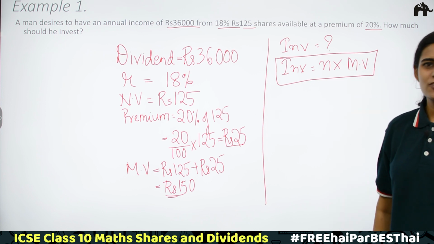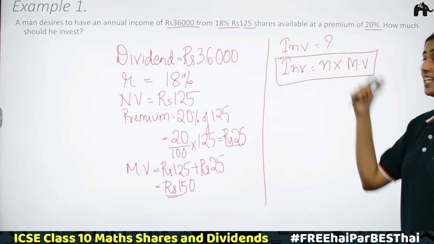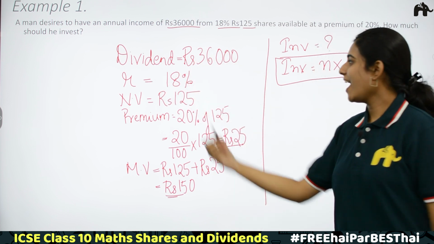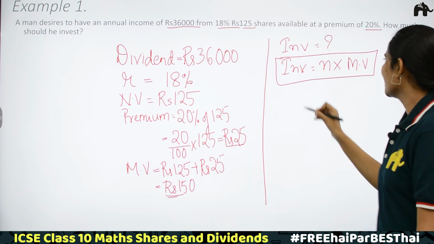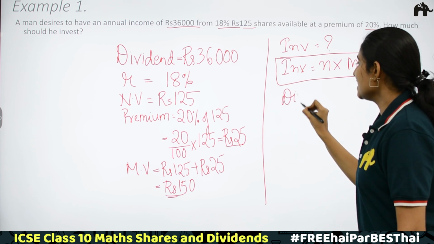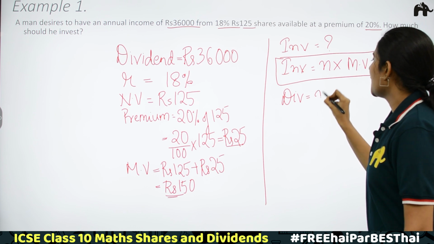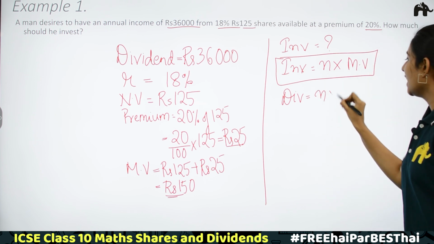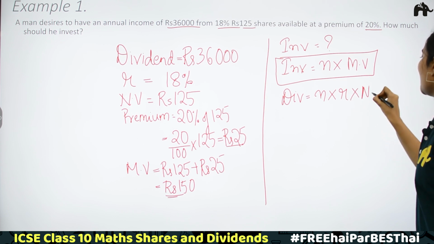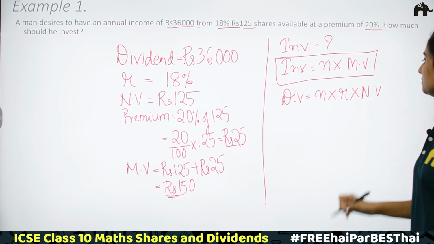How do you find the number of shares here? To find the number of shares, we have the dividend, rate of dividend and the nominal value. Yes? Then we can easily find the number of shares. We have dividend is equal to number of shares into rate of dividend into nominal value of one share.